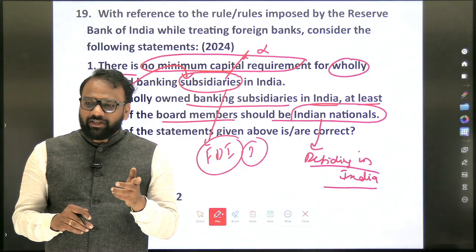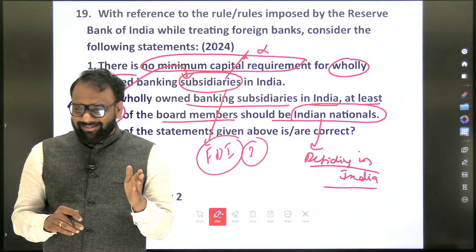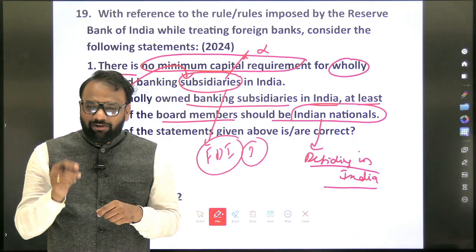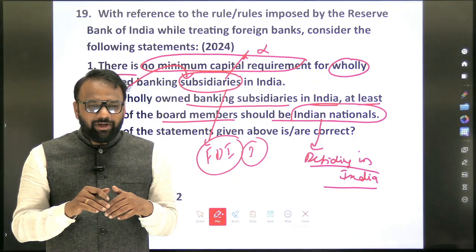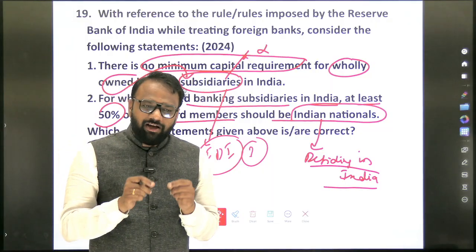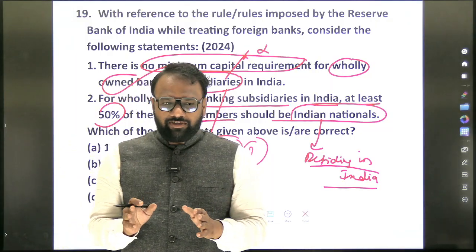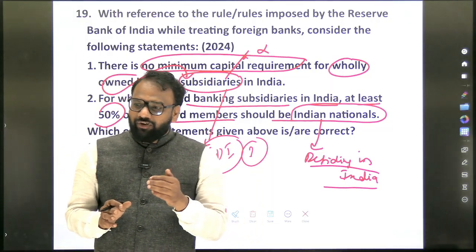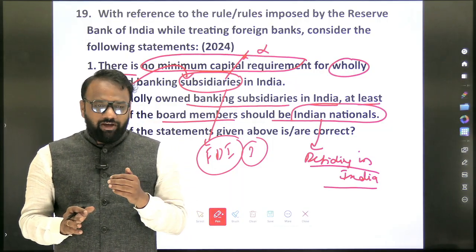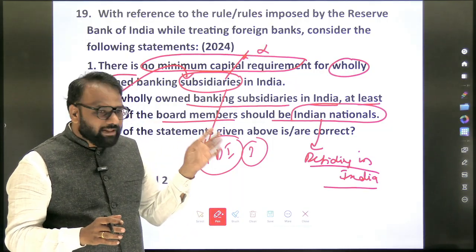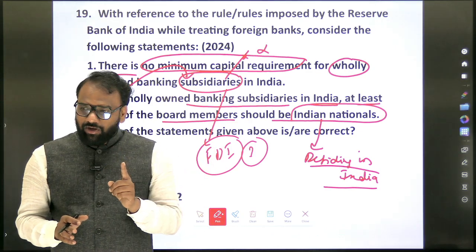So in unlisted companies, there can be no FDI? No, sir. In unlisted companies also there can be FDI, but there is no such restriction. Any amount which comes into an unlisted company will qualify as foreign direct investment. But in listed companies, only if it is more than 10% stake, then we call it FDI.